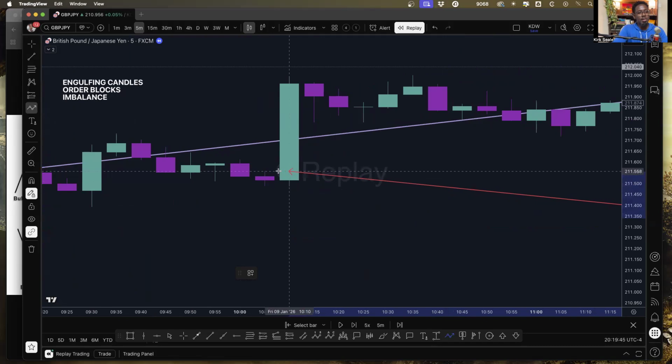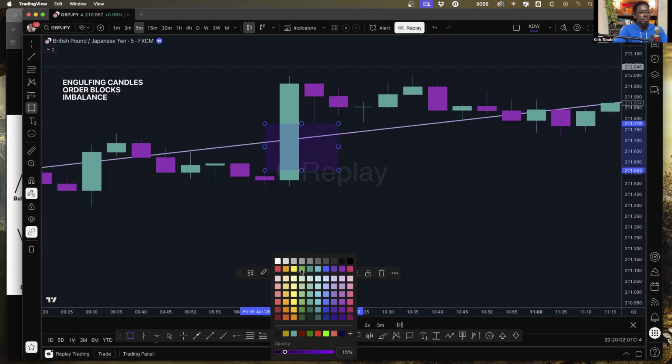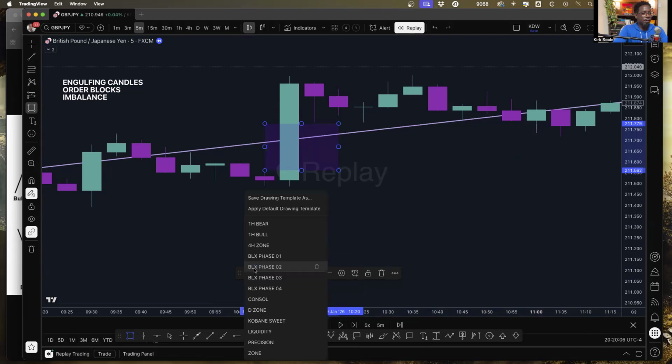When there's a space between the vertical part, which is called the wick, of the first candle and the wick of the third candle, that is imbalance. So from here to here, we would consider that imbalance. Let's see.